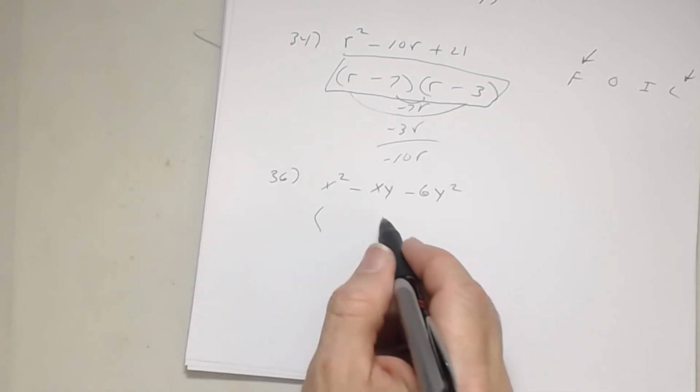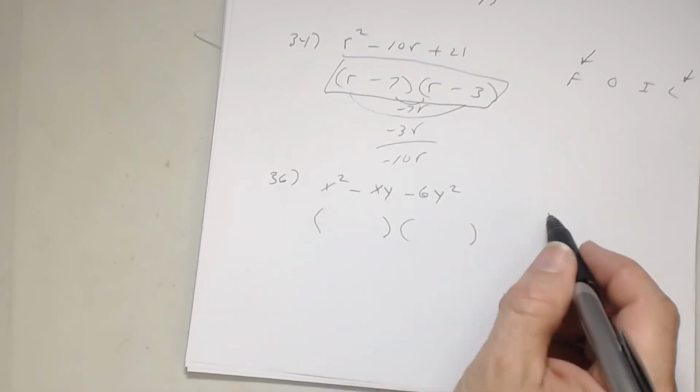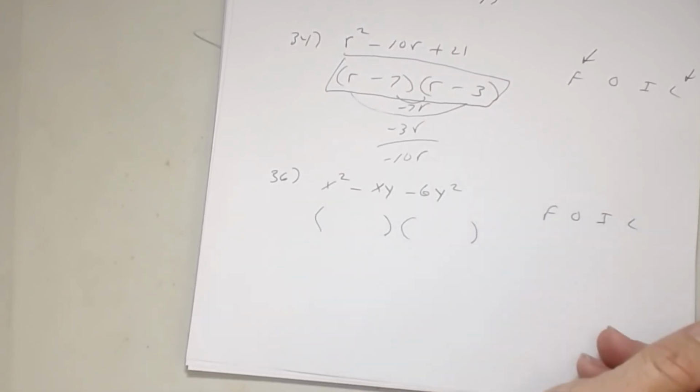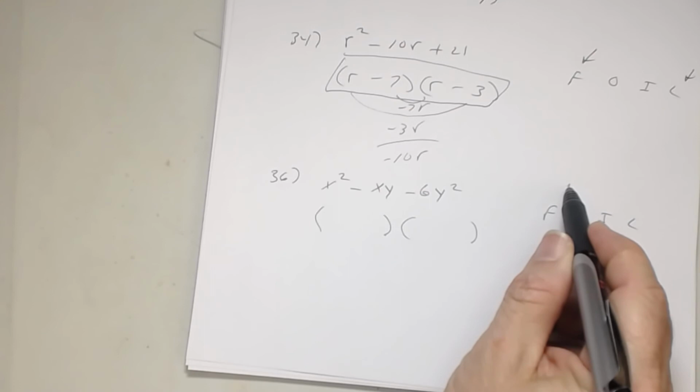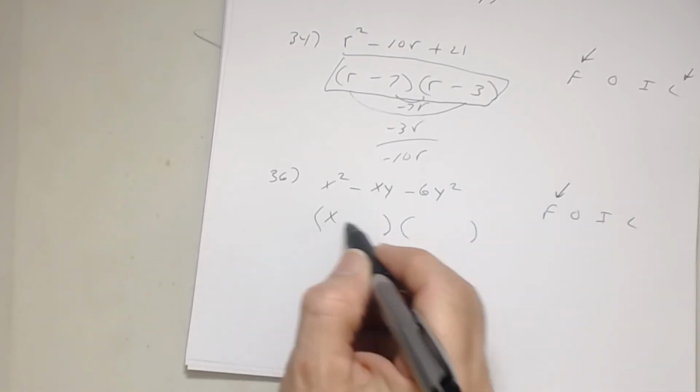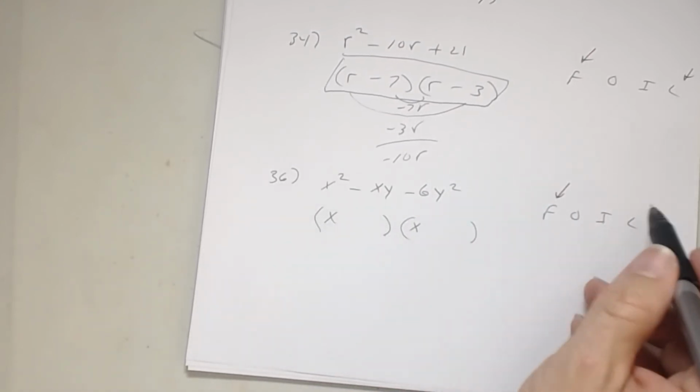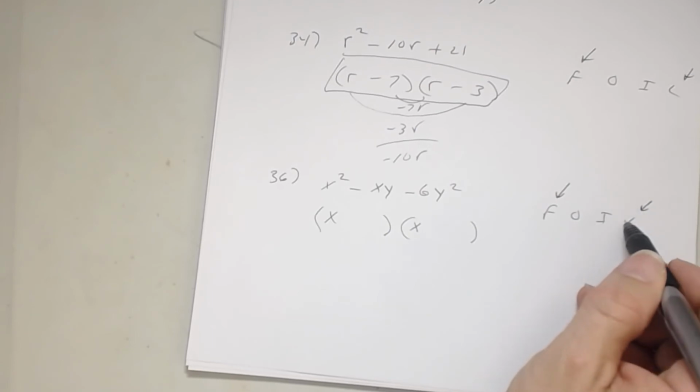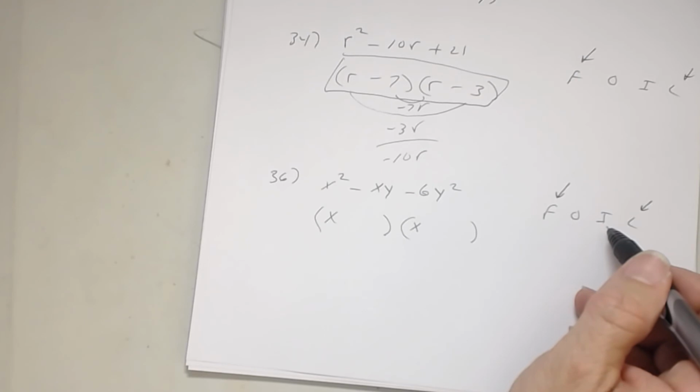GCF is 1. FOIL. There's only one possibility for F, and that's x times x. There are a couple possibilities for L for 6: 3 and 2, or 6 and 1. What do you want to try first?